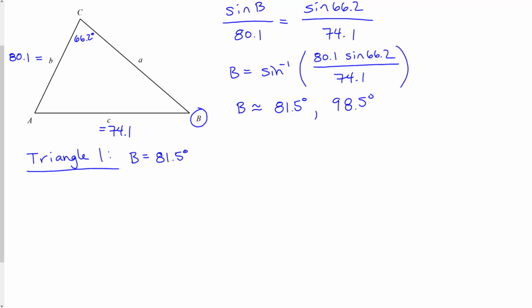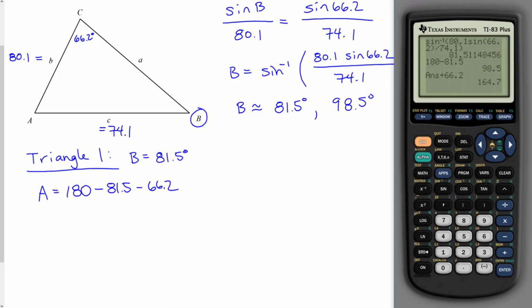So then we need to figure out what angle A is. Angle A would be 180 minus 81.5 minus 66.2. So on the calculator, let's see what that is. 180 minus 81.5 minus 66.2 is 32.3 degrees.